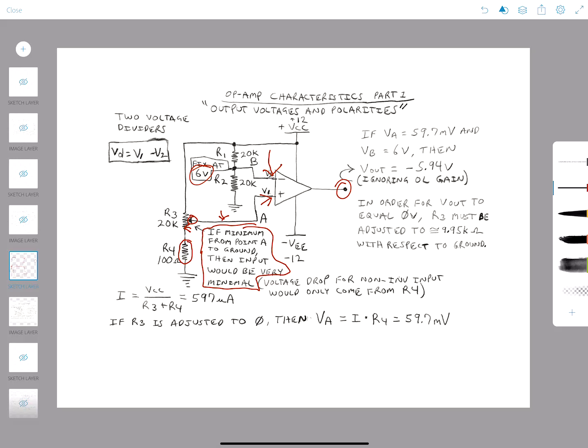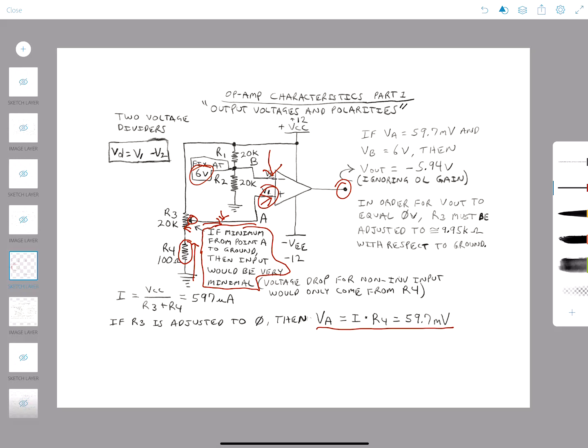This is the very minimal, because this is not a potentiometer, it is a fixed resistor, a fixed value. So current is just flowing through this resistor and then this way. So we have total current. If we take that total current and multiply it times this 100 ohms, R4, it's going to give us 59.7 millivolts at this point right here.